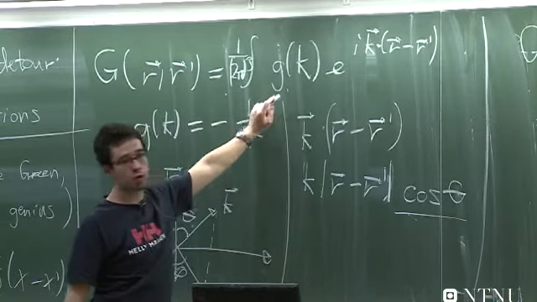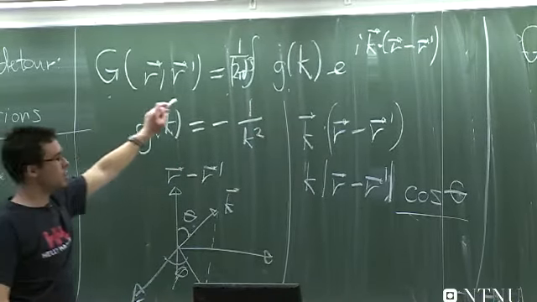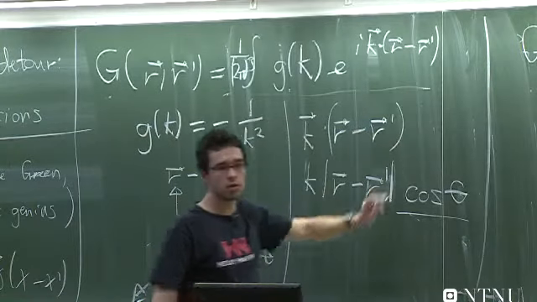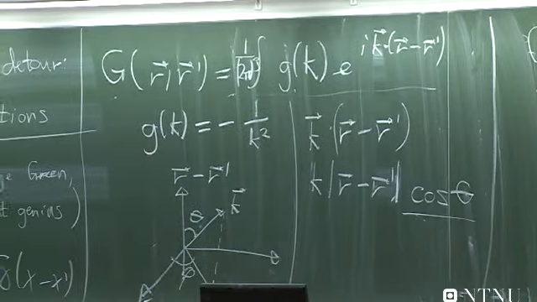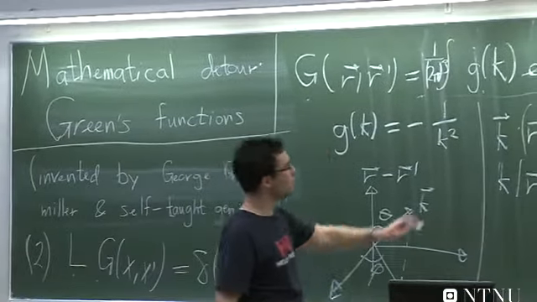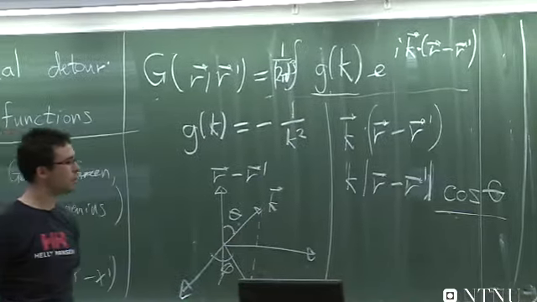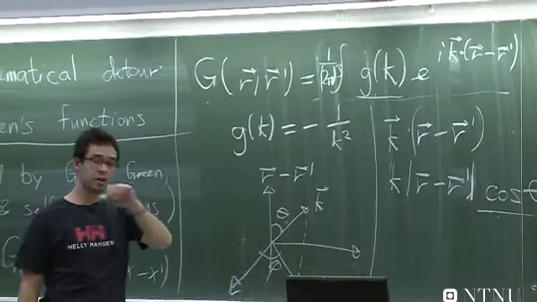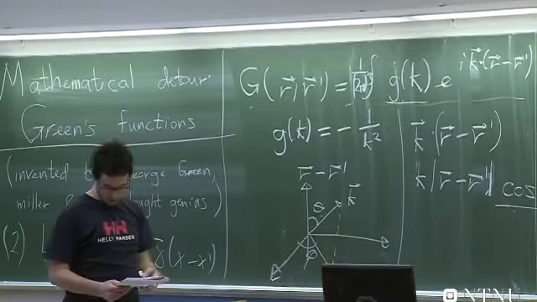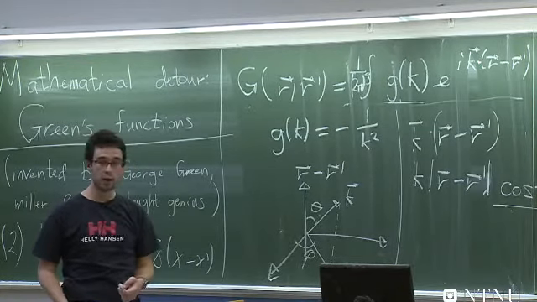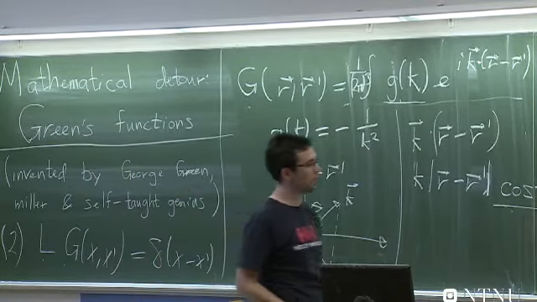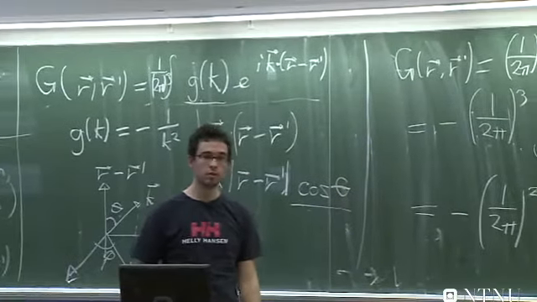So g of k is the Fourier transform of g. But I just write it as an expansion in plane waves. So it's stuff you know from before. You can expand a function in a complete set of basis functions. These are the expansion coefficients. In this Fourier space, it turns out that differential operators were really easy. They were just multiplications by k, which gave me an algebraic equation for g of k.